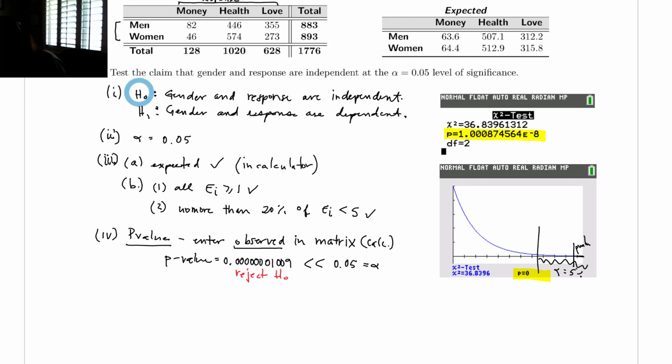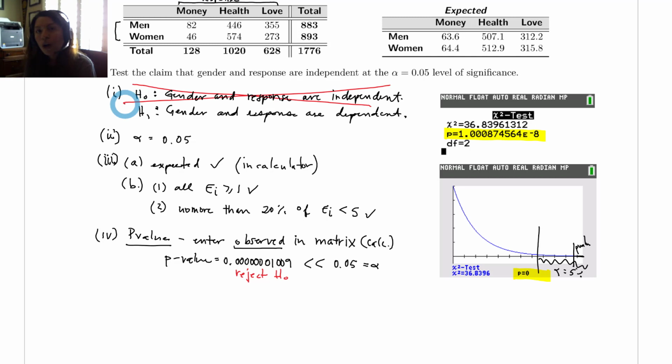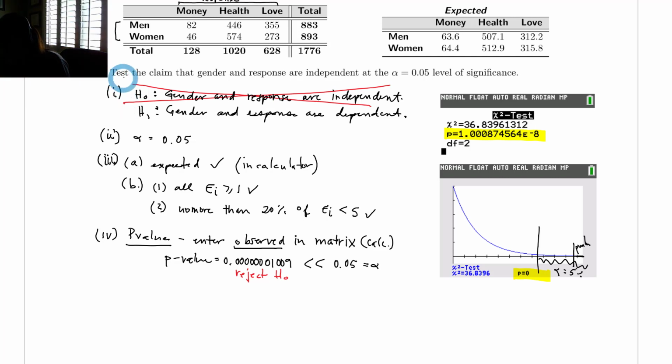And if we reject the null, what does this mean regarding our claim? Careful. We are very used to our alternative being the claim, right? But read the last sentence of the problem once again. It says, test the claim that gender and response are independent.